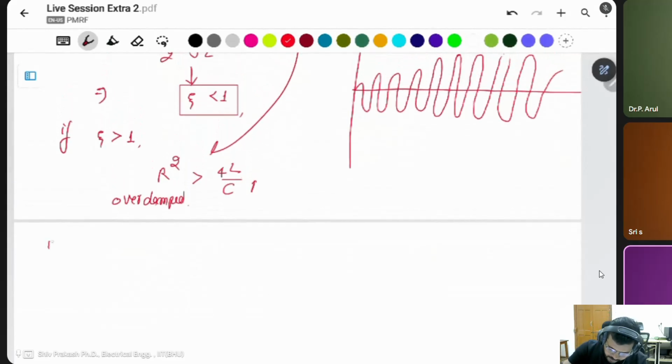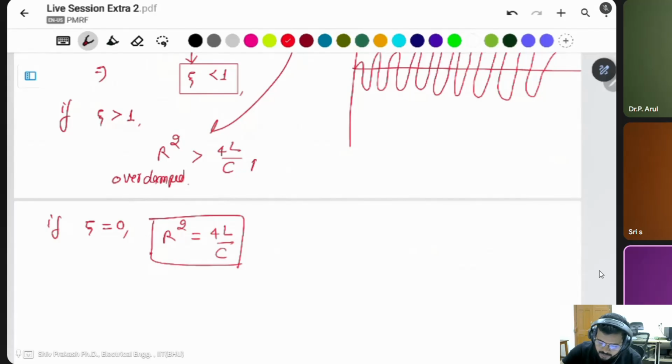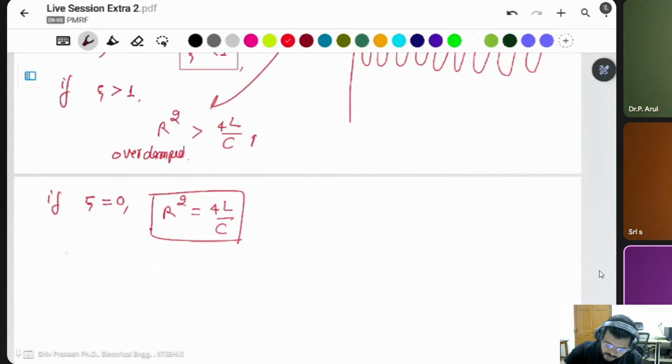Same thing if zeta is equal to 0, it means R square is perfectly equal to 4L by C. Or in some cases, we say that R is equal to 0.